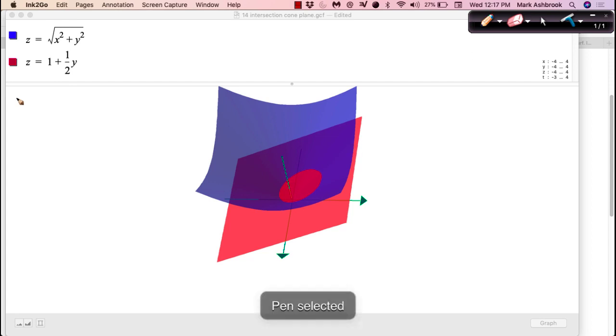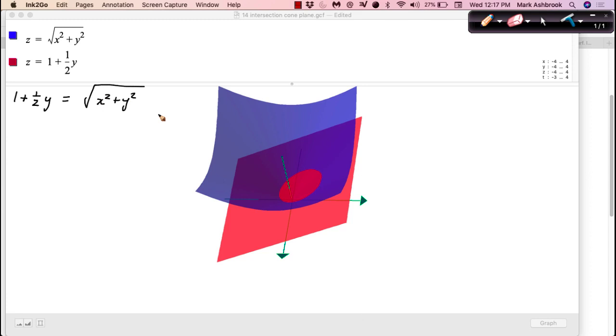So we're going to start with 1 plus 1/2 y equals. So what's going to happen now is that the y squared isn't going to cancel out nicely like it did before. So we got 1 plus 1/2 y, squared, plus y squared. And then we're going to FOIL out the left side.